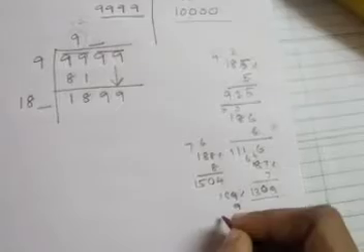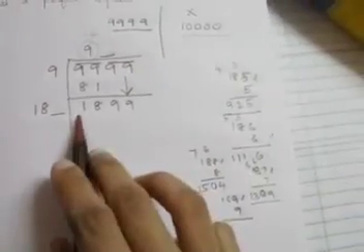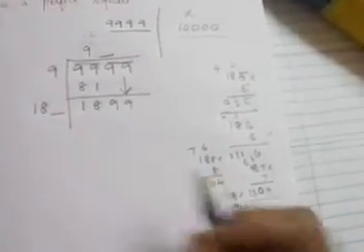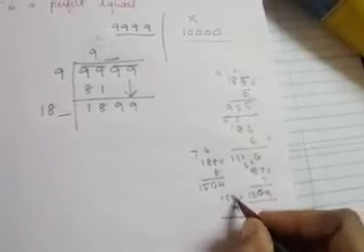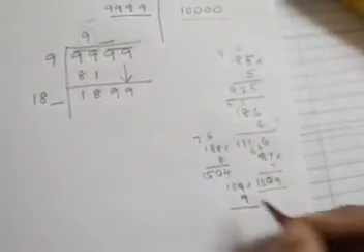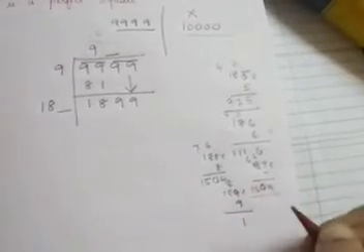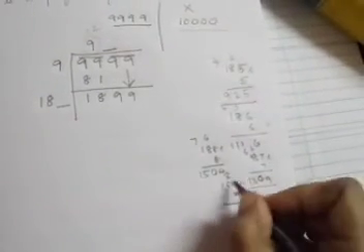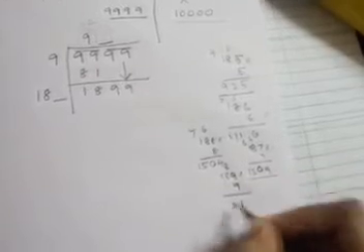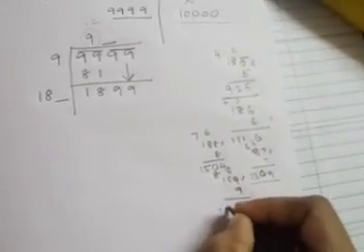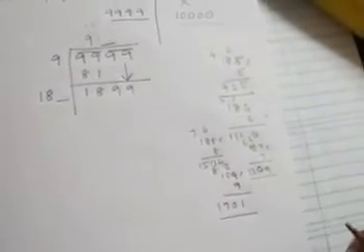189 into 9. This is also not very less than this. Next, I am just going to do 189 into 9. 9 9s are 81. 8 9s are 72, 80, 1701. Yes.